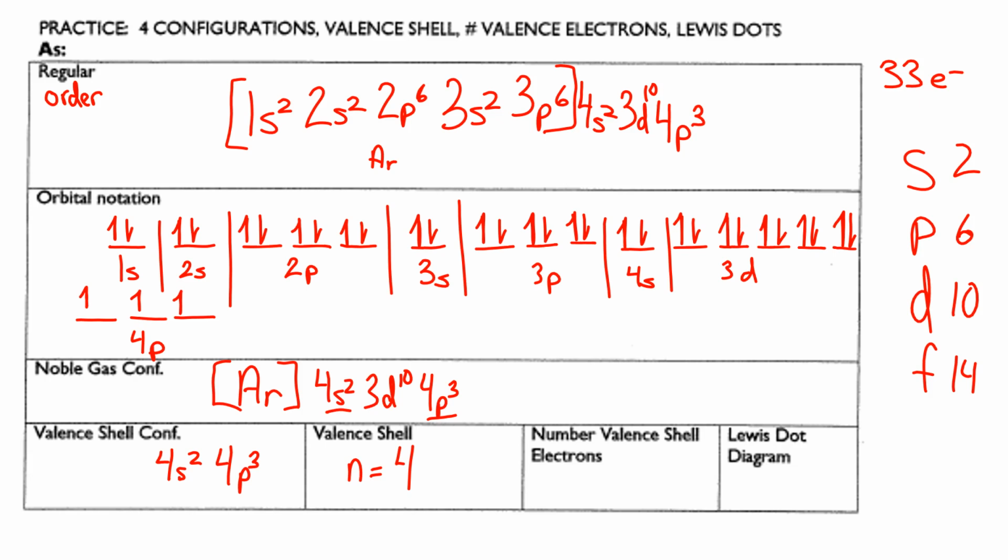So ultimately, we're getting down to less and less information. How many electrons in my valence shell again? 5. Now, I don't remember if I taught y'all dot diagrams or not yet.